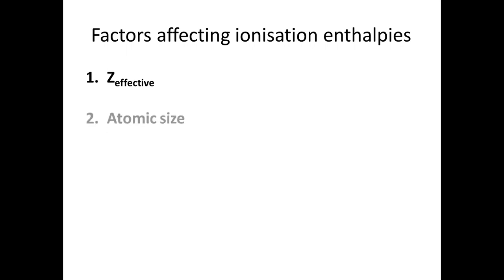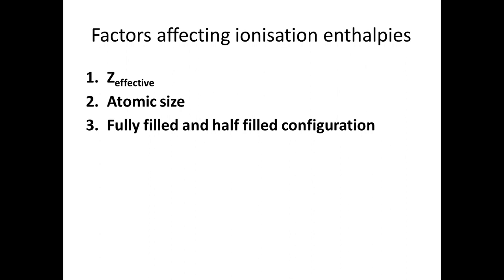Next one is atomic size. As we already talked about, an atom with a greater atomic size requires low ionization enthalpy. So atomic size is inversely proportional to ionization enthalpy. As the atomic size increases, we require less and less ionization enthalpy to remove an electron from its outermost shell.